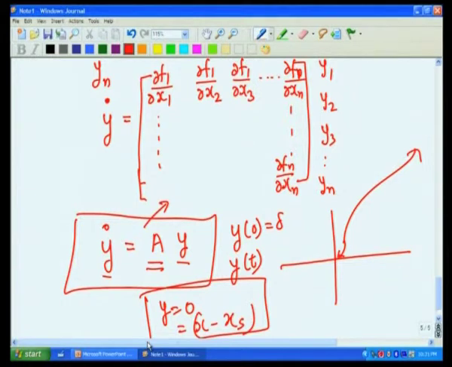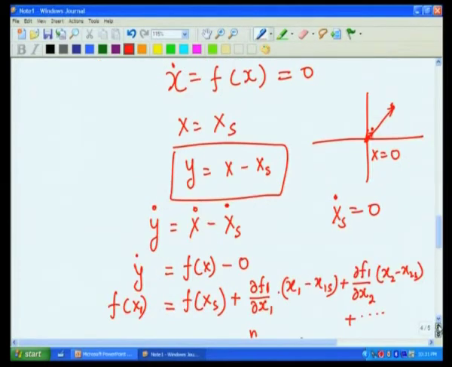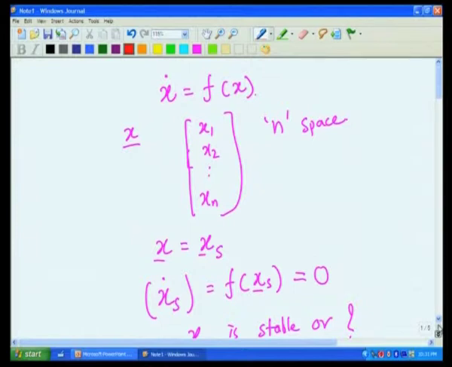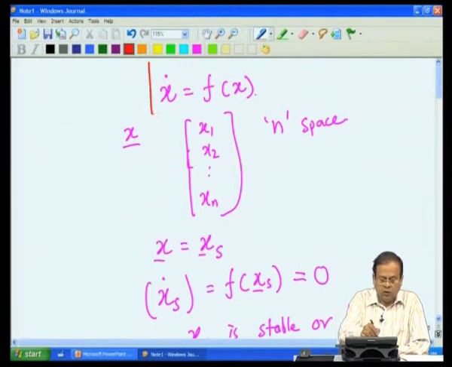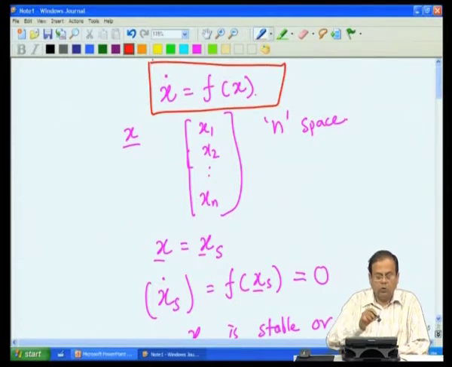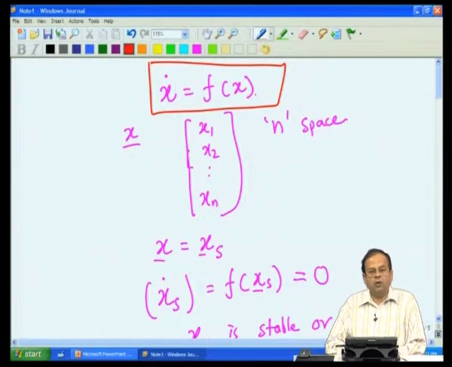Let me recap what we saw just now before I go on to describing the solution of these states, or how we find this condition for stability. Let us put things in perspective. We have a system whose dynamics is given in this particular manner.